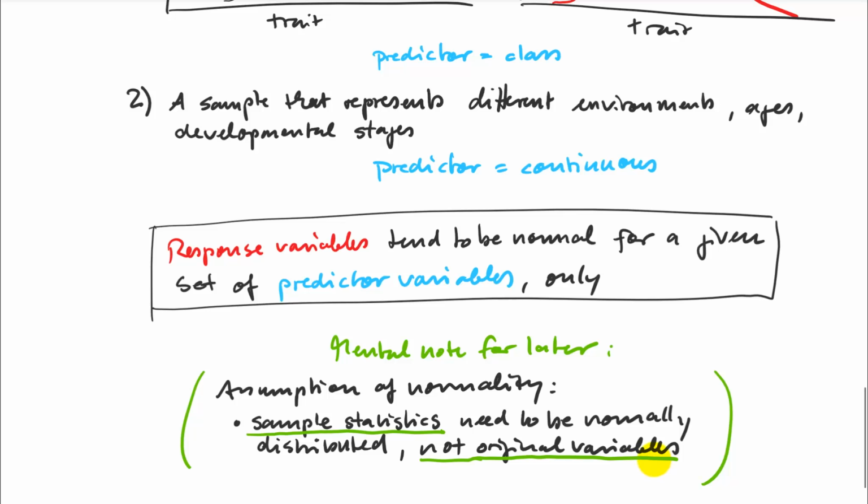So it's usually not a concern if your original variables are not normally distributed, if the sample size is reasonably large. We've seen it. If you have a sample size of 10 or 15 even, your sample statistics are normally distributed, and then your statistics will work just fine. So that's an important piece to keep in mind. Not everybody knows that.